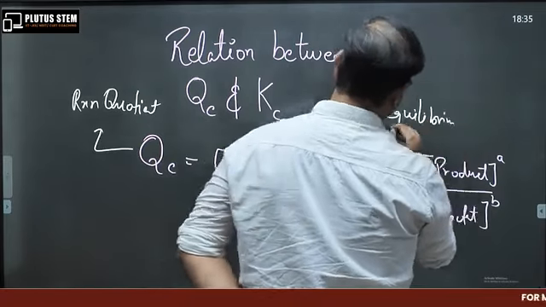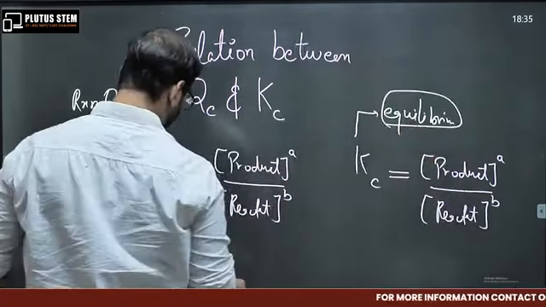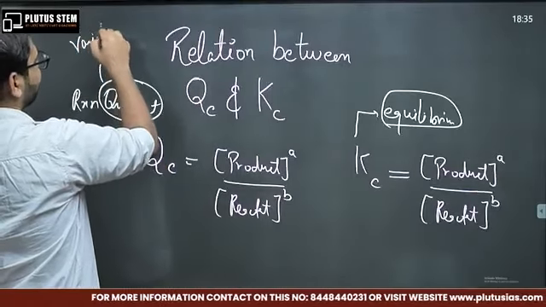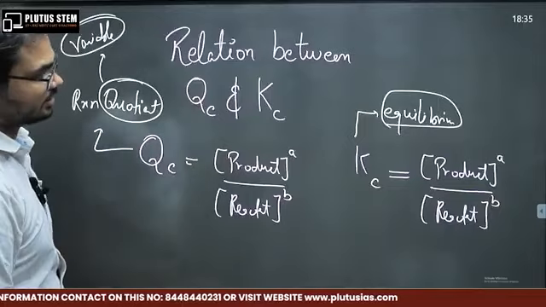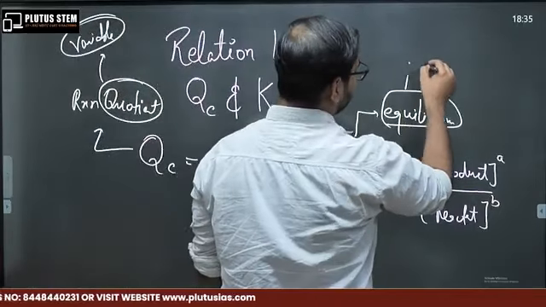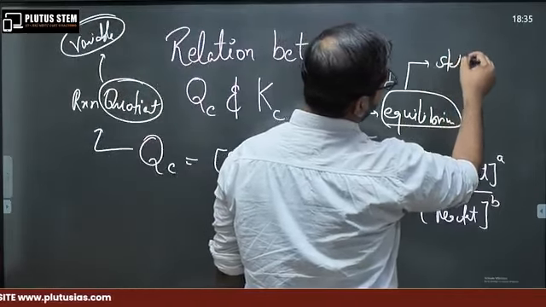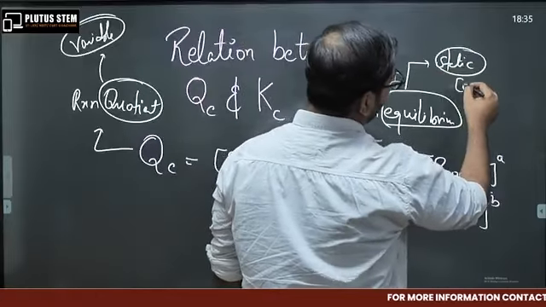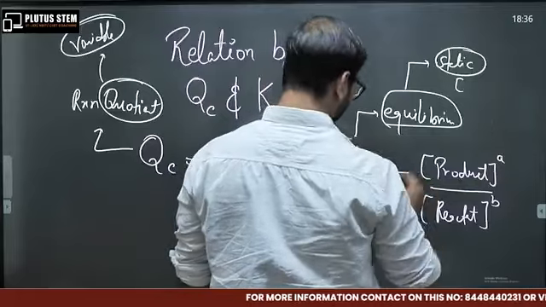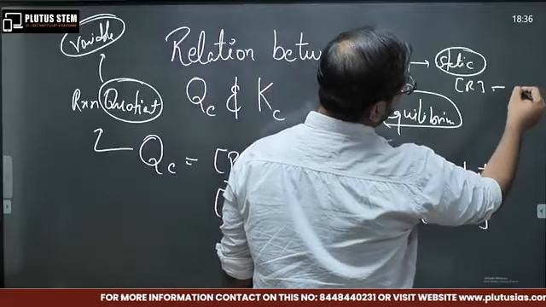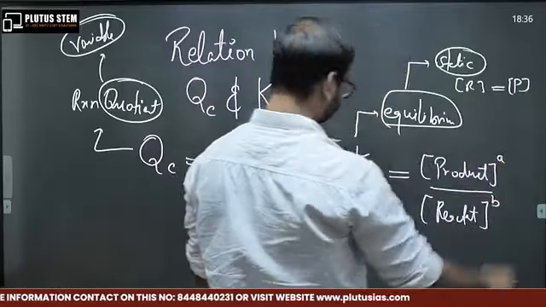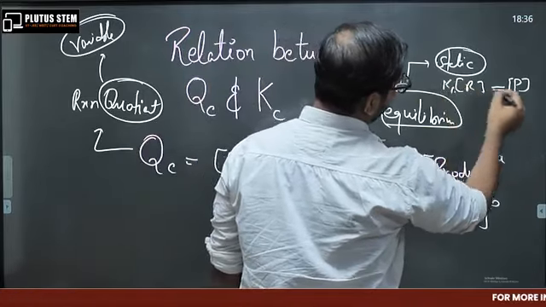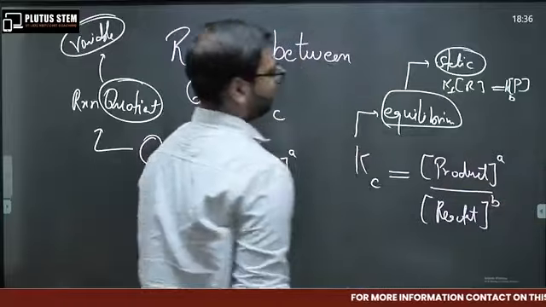Now, here the word quotient represents something which is variable in nature, continuously changing, while equilibrium talks about a static condition where the change in concentration of reactant becomes equal to the change in concentration of the product. Here, rate of forward reaction Kf, rate of backward reaction Kb.